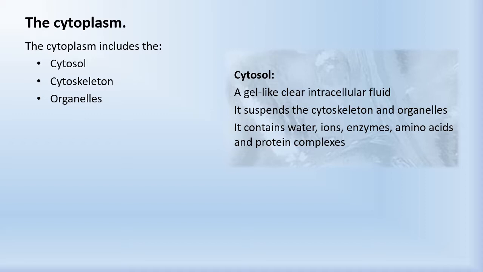Intercellular is between cells, like the interstitial between cell fluid. Extracellular is outside the cells. So this fluid is intracellular, within the cell. It suspends the cytoskeleton and the organelles.